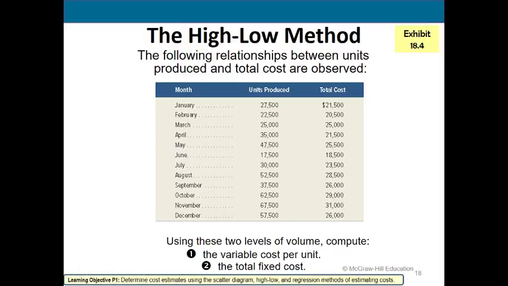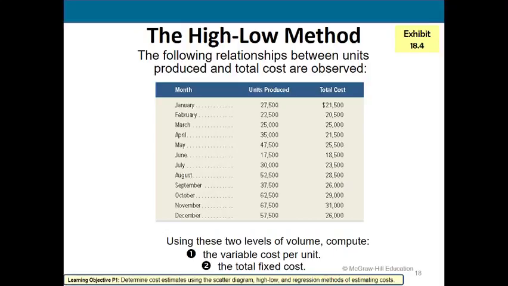And so you have the following relationships between the units produced and the total cost. Using these two levels of volume, the high and the low, you're going to compute the variable cost per unit and the total fixed cost.